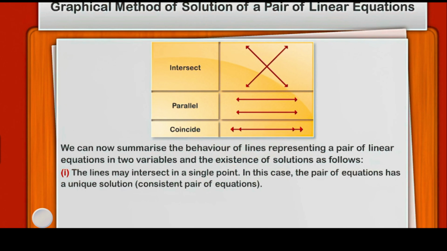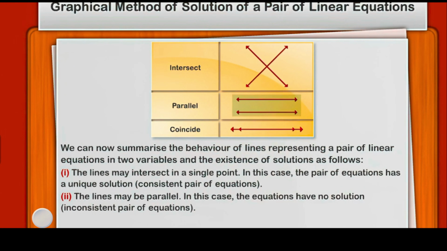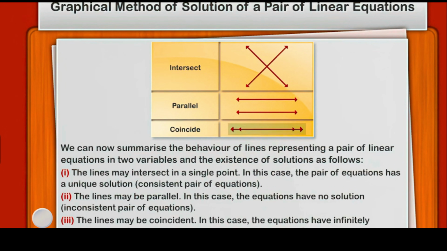Consistent pair of equations. 2. The lines may be parallel. In this case, the equations have no solution. Inconsistent pair of equations. 3. The lines may be coincident. In this case, the equations have infinitely many solutions. Dependent, consistent pair of equations.